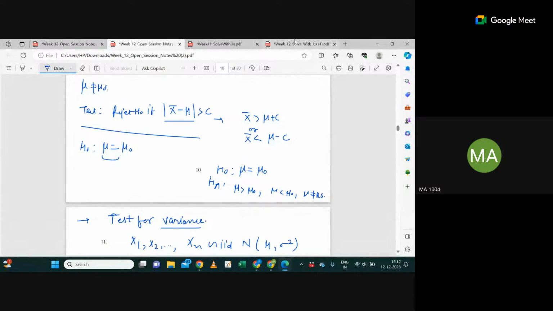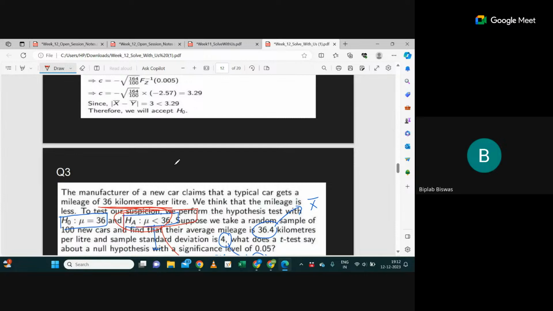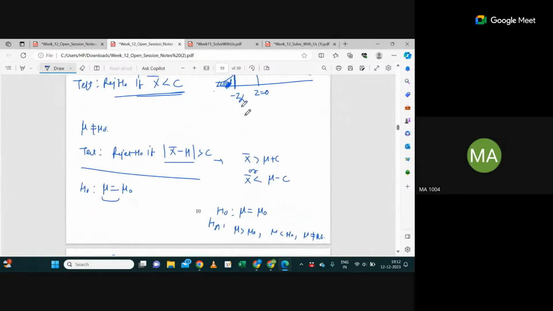If you read the question carefully, what is the claim? The claim of the manufacturer is that the car gets a mileage of 36 kilometers per liter. Now you wanted to check by taking a sample. This is his claim.